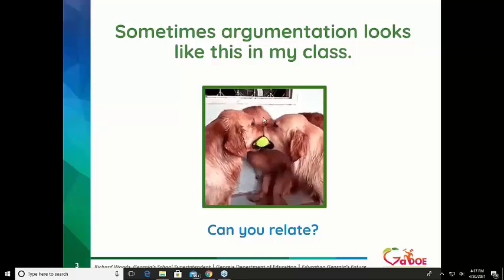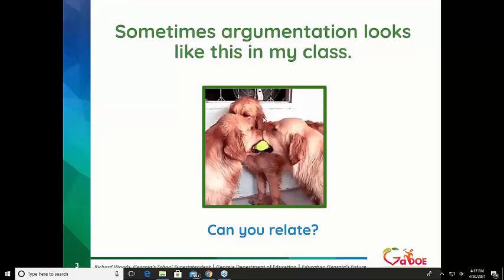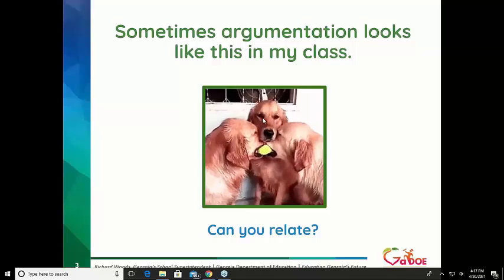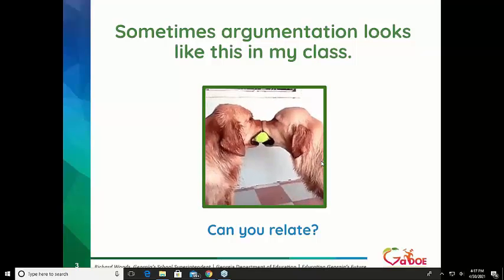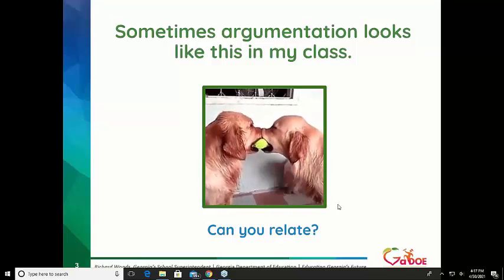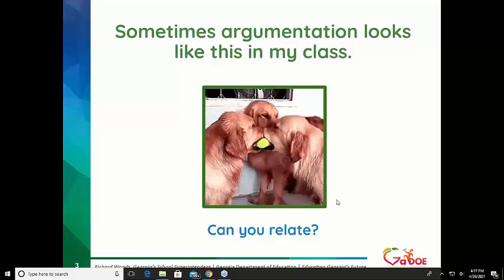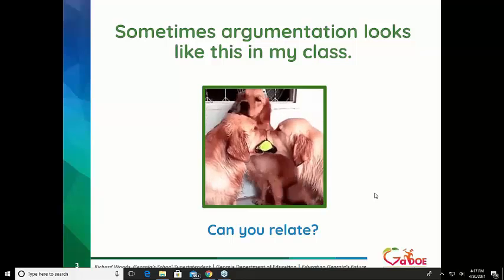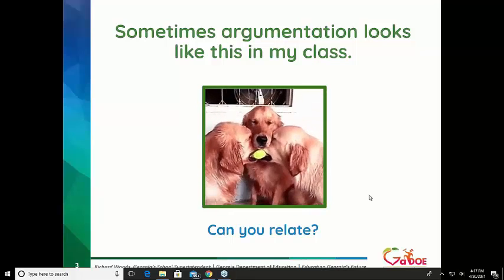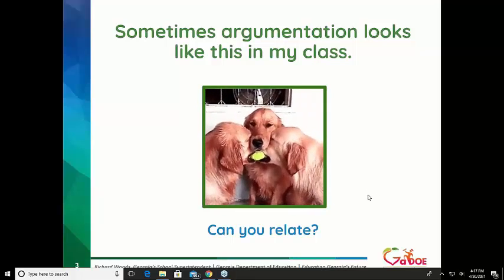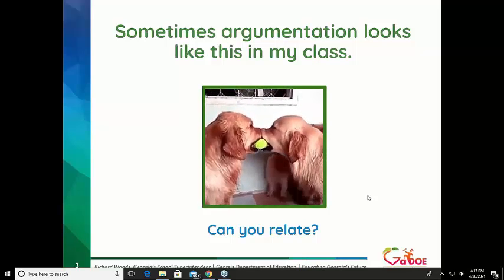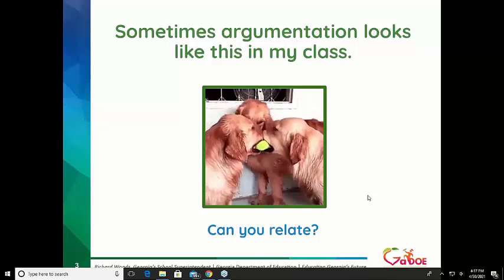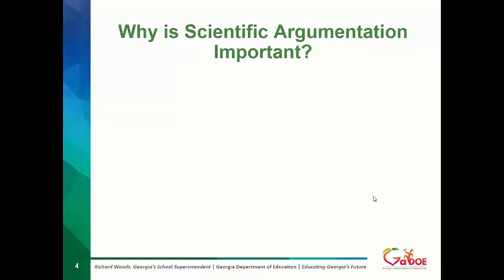And I really feel like that dog in the middle, and I felt like I was more or less making peace instead of facilitating. So I hope you can relate. And if this is what it looks like and how you feel, I feel you. So hopefully by watching this webinar, you will have some ideas on how to support your students for the rest of this year and starting next year.